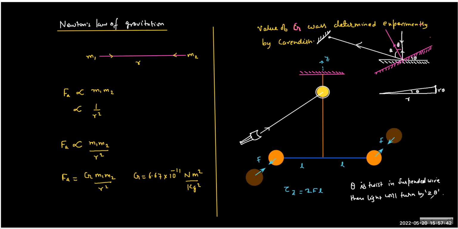So the deflection will now be twice that of before. And you will study in the chapter of SHM that the torque, called the torsional torque, which is developed in the twisting rod or wire, is proportional to theta, and C is called the torsional constant.